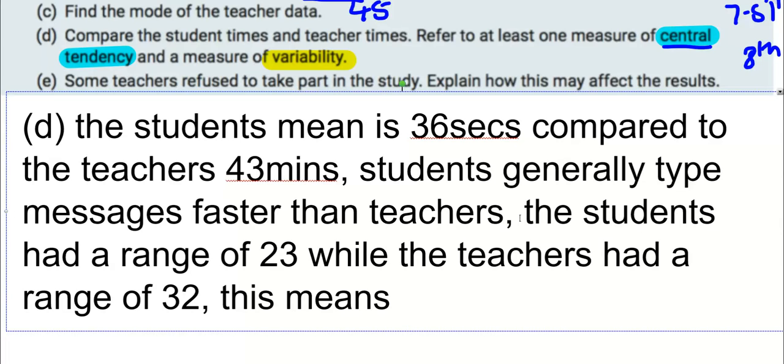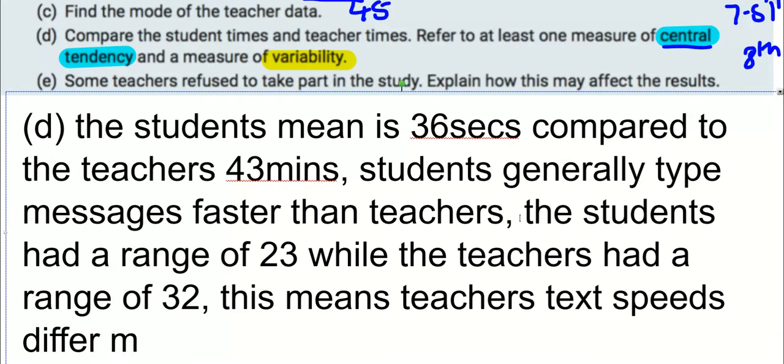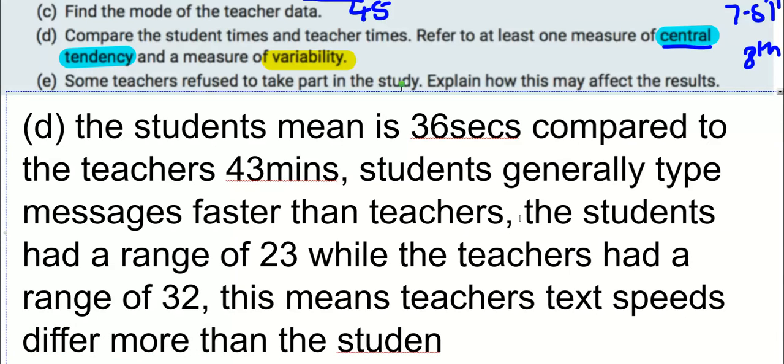Teachers are most likely to be really fast and really slow at the same time. This means teachers' text speeds differ more than the students'. If you understand what that last sentence means, all the students are relatively fast, while one of the teachers is really fast and one of the other teachers is really slow.